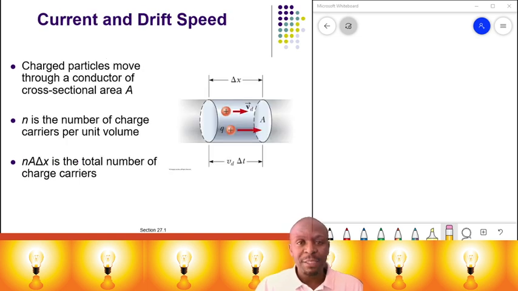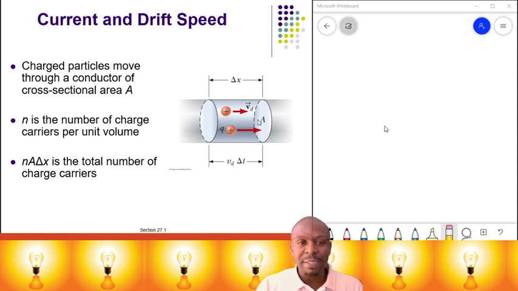Right. Now the charged particles move through a conductor of cross-sectional area A. The cross-sectional area of that conductor is this A. Now, if this is the cross-sectional area of that conductor and change in x is the length of that conductor, therefore the volume of that conductor is just going to be A times the change in x.